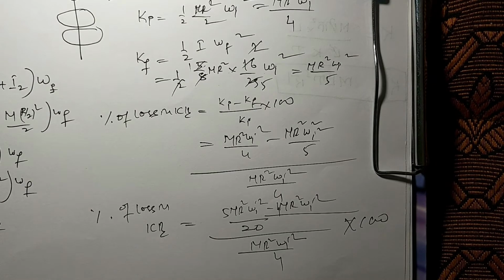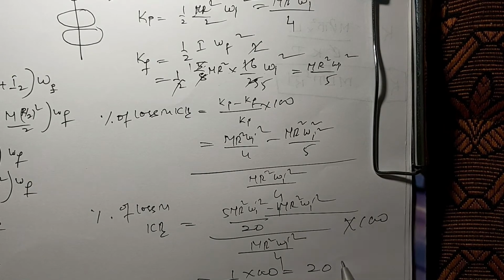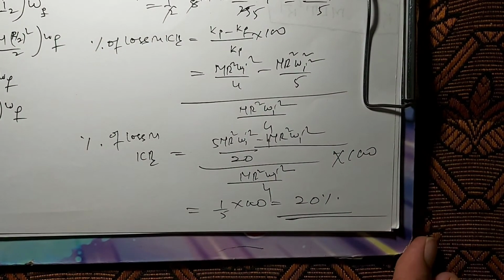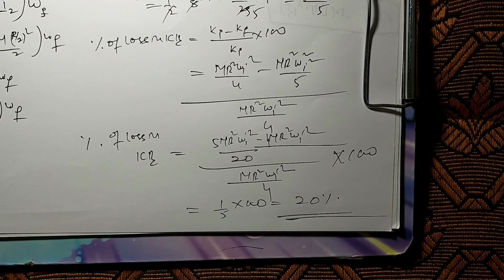Now what we get here? We get 1 by 5 into 100, that is equal to 20%. 1 by 5 into 100, that is equal to how much? 20%.